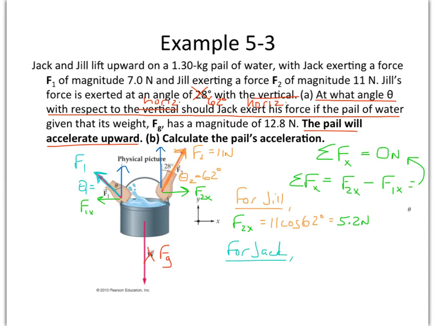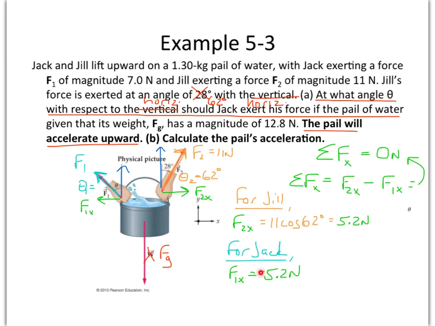all right, the x component of his force has to be F1x has to be 5.2 newtons, or I should really say negative 5.2 newtons. You can't have a negative magnitude, but you can have negative components, all right? And so the x component of Jill's force is positive, the x component of Jack's force is negative.